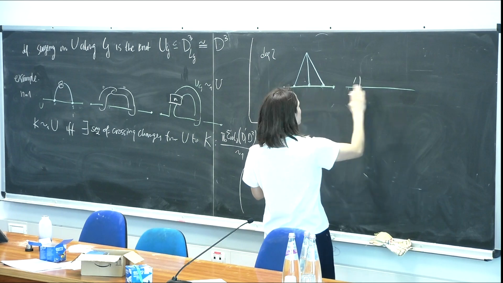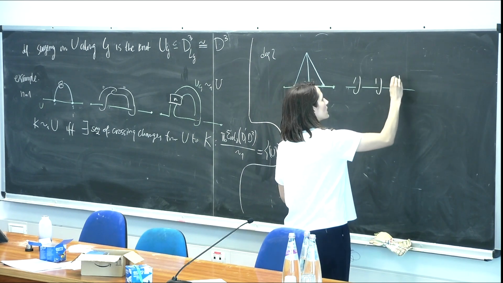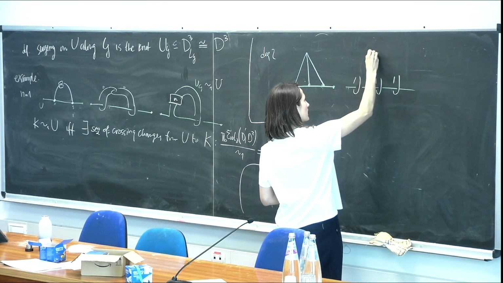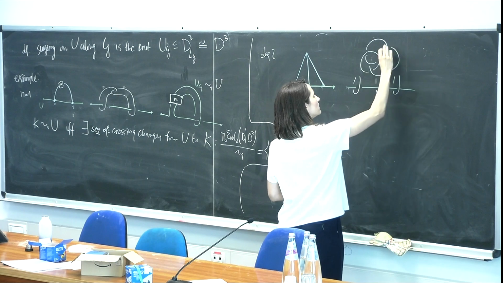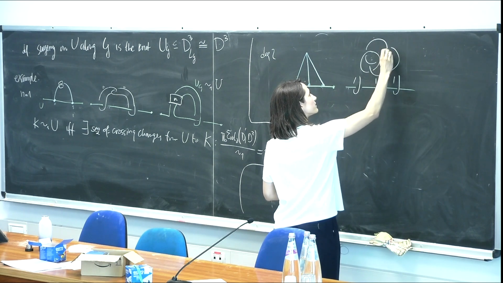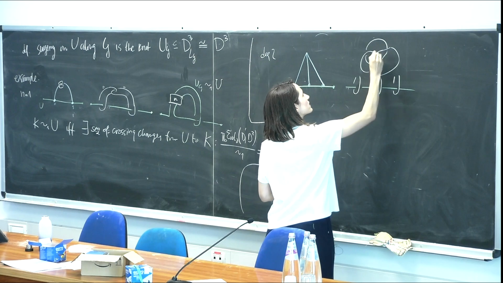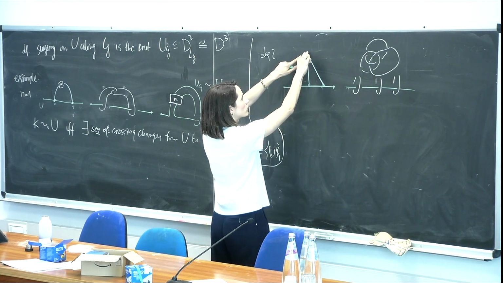First, for these vertices, I replace them by these components. Then this one I replace by Borromean rings again, like this. And these Borromean rings correspond to this vertex.